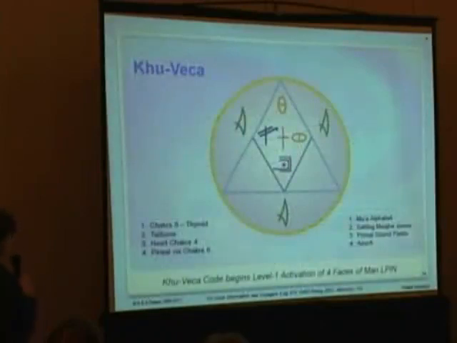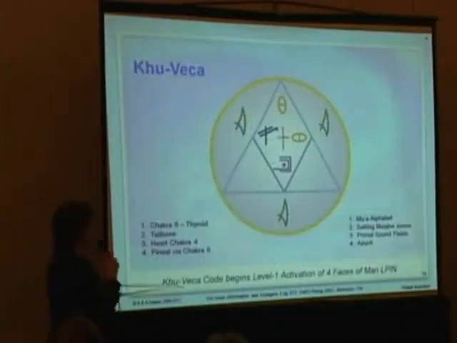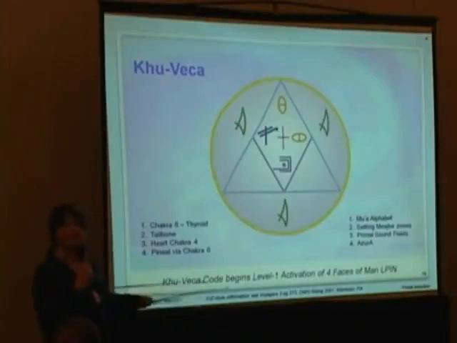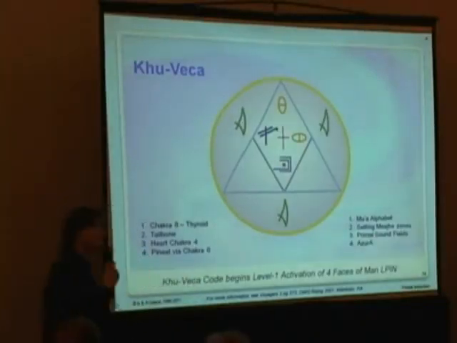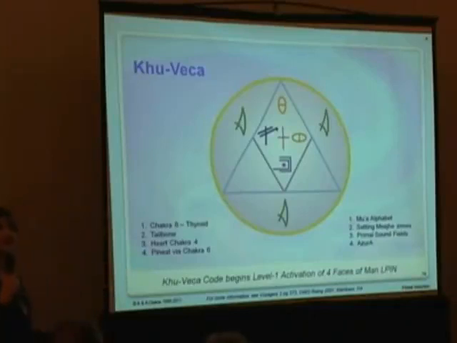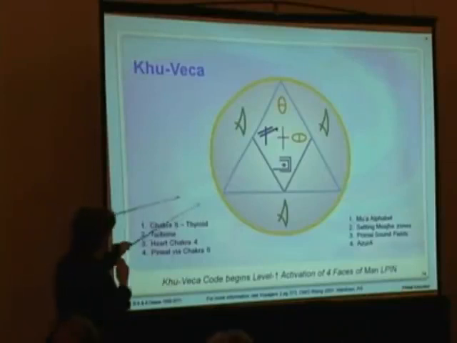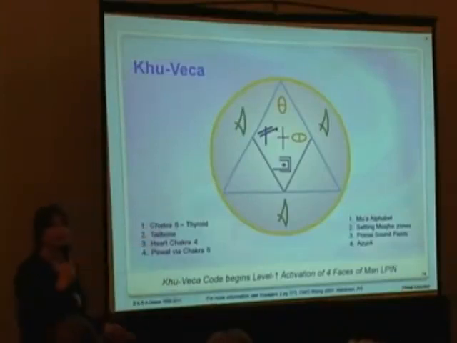So, guess what? The Kuveka code, does anybody recognize this? Everybody recognizes this. It begins level 1 activation of the Four Faces of Man LPIN in you. So if you want to take a moment and breathe that in with the intention of bringing that into activation.